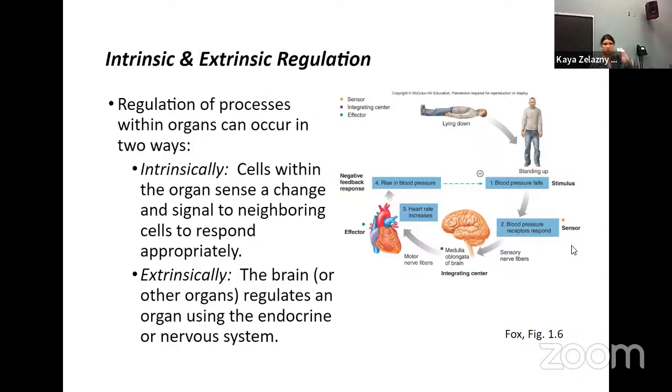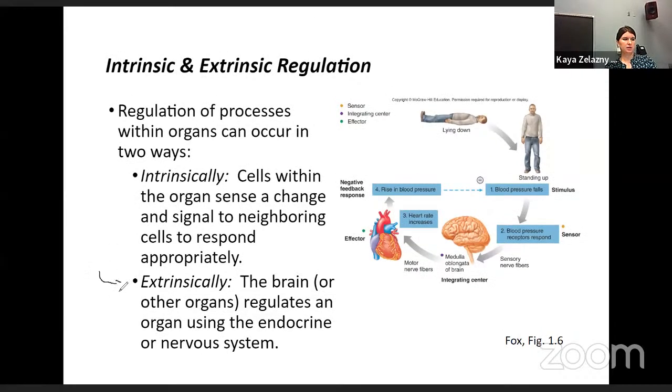Now, one side note, this pathway that we've been talking about has really been following the extrinsic pathway of regulating a specific regulated variable. So I keep talking about the integrating center, as we can think about the brain as being an important integrating center. So that has been part of our pathway.